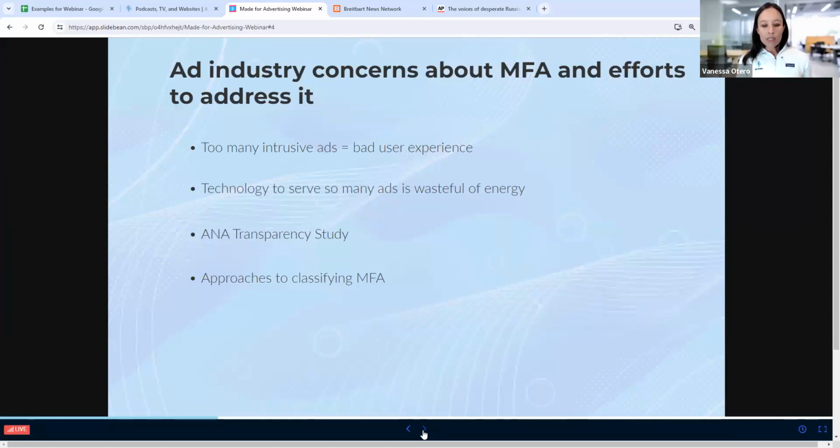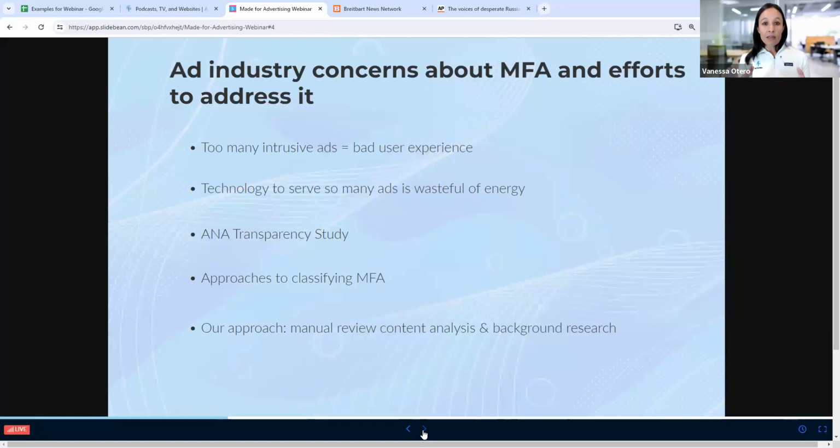Our approach is manual review, content analysis, and background research, because it's hard to know exactly how many sites are out there, but the average advertiser in the ANA study had their ads run on about 44,000 websites.